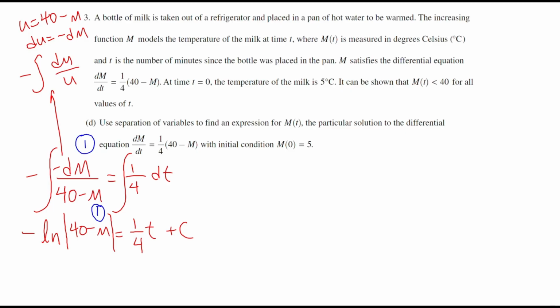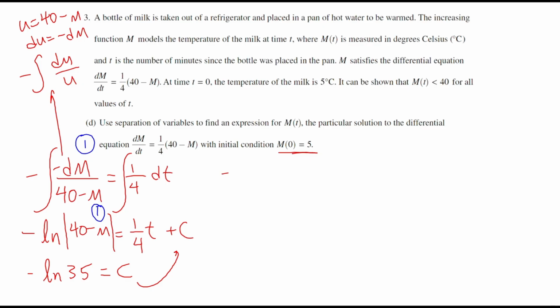Next thing we want to do is solve for our constant. Our initial condition is that when t is 0, m is 5. So we have negative natural log of 40 minus 5, which is just 35, is equal to 0 plus c. So our constant is just negative ln of 35. And so we'll then go back into our original solution and plug this constant back in.